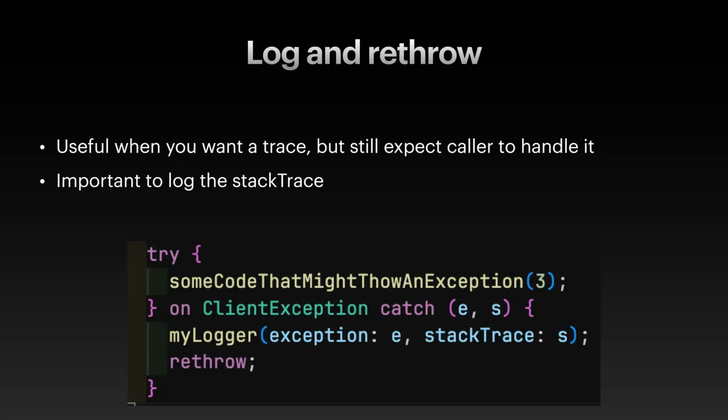It's very frustrating to know that some exception was thrown, but have no idea where it actually came from. So in this try and catch, notice that we're trying some operation. We're catching it. We always include both the exception and the stack trace in the log message so that we have some sense of where it came from.